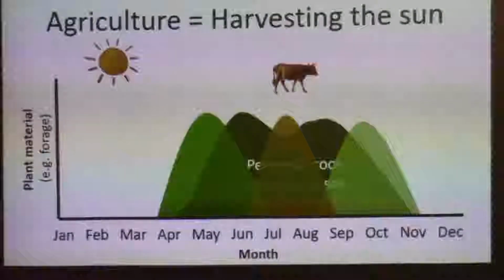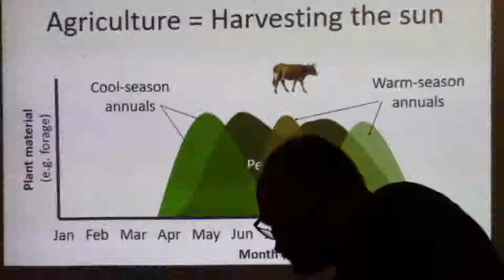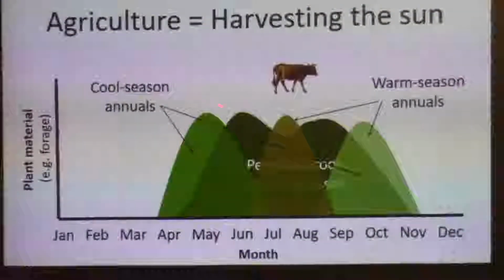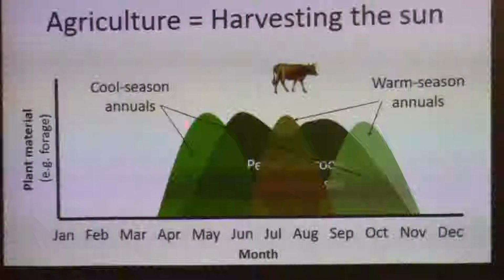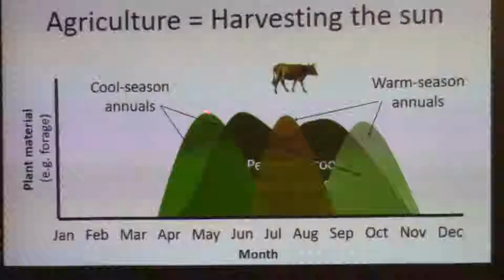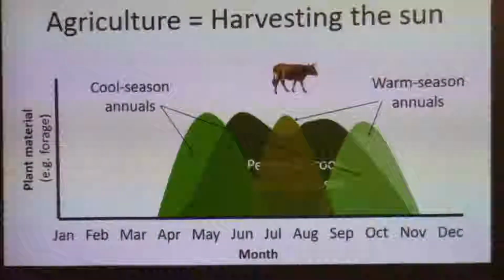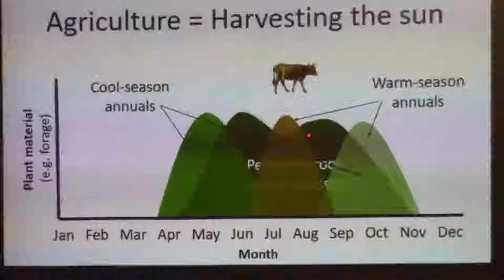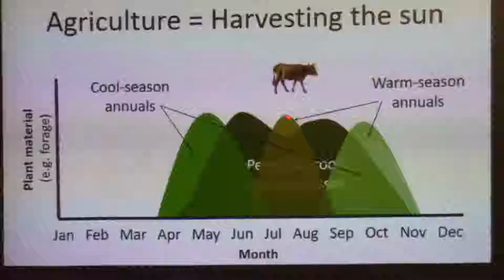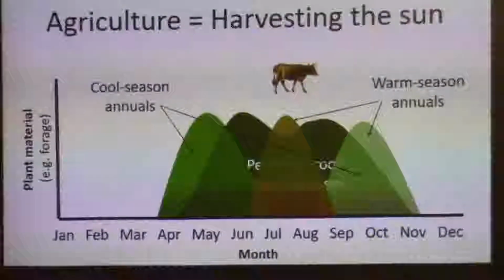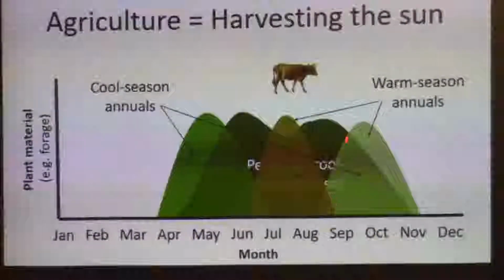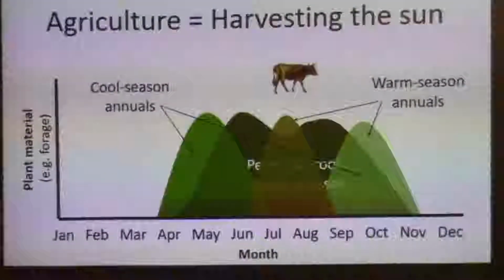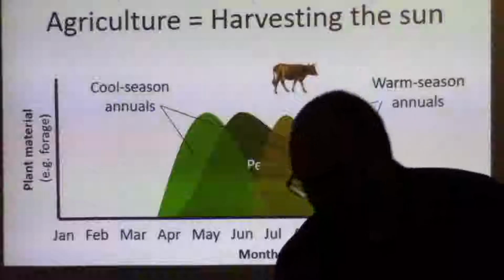So can we identify cool season annuals that might be more productive in the early portion of the growing season to fill in this niche here, right? Or some warm season annuals that might be productive during the summer slump and then fill in that gap there. And some more cool season annuals for the back end of the growing season there. So that's what we're going to talk about first.